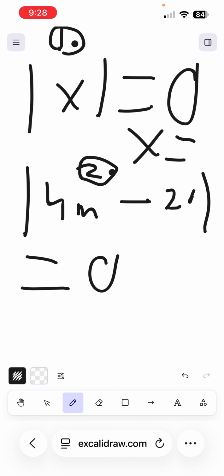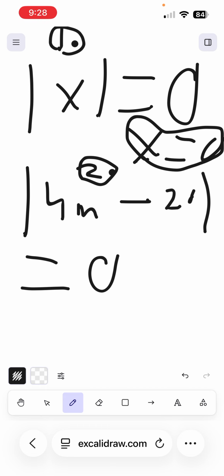Because absolute value is a number's distance from 0, and zero's distance from 0 is 0, right? So that's pretty simple.